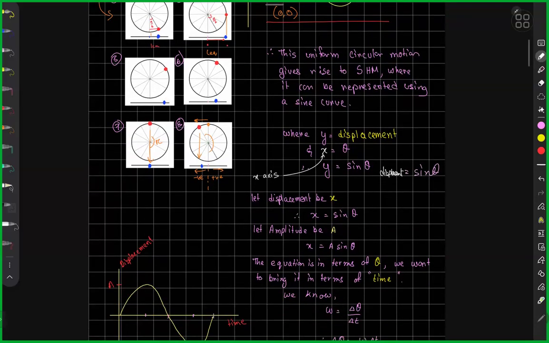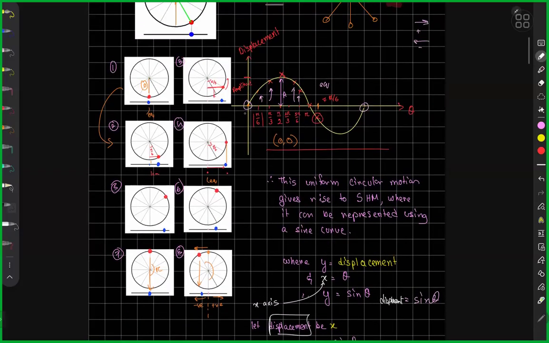So now I can say let displacement y be displacement equal to sine theta, because what is this graph that you have put out? The sine curve. So with respect to theta, how is the displacement changing? As sine theta.